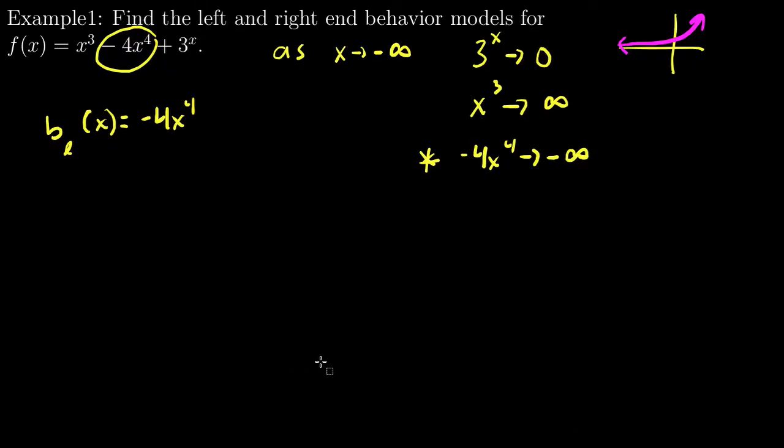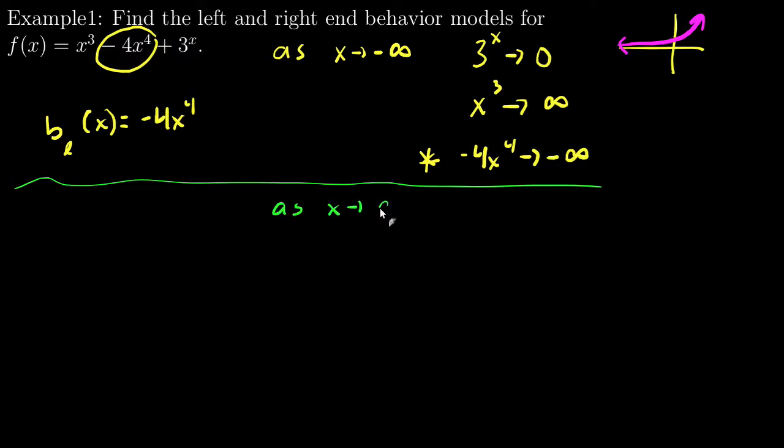What about on the right? Well, on the right, as x approaches positive infinity, 3 to the x approaches infinity. If an exponential function is growing, it'll end up growing faster than any power function.